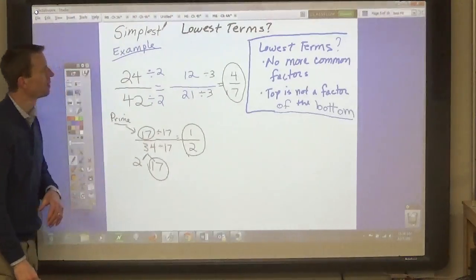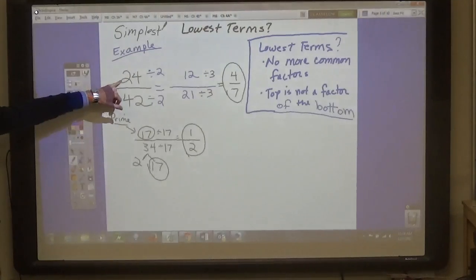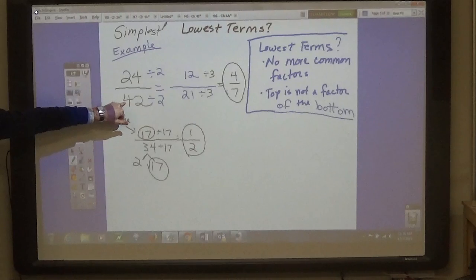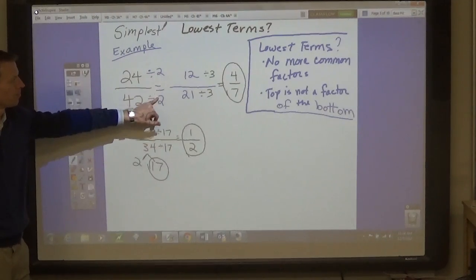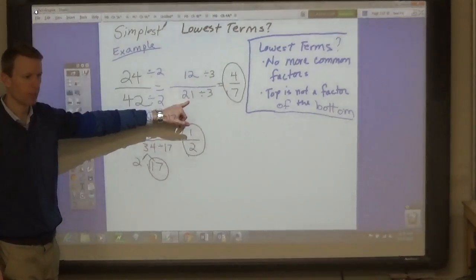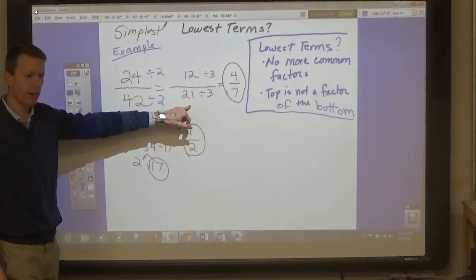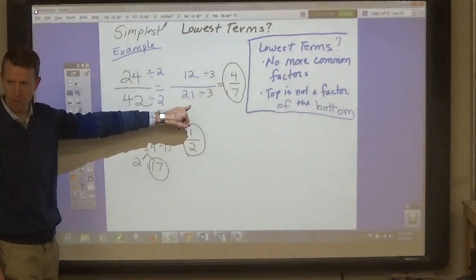Yep. Simplest form. And so, if you started with a fraction like 24 out of 42, you can find simplest form by dividing it by the same number, and then check and see if that's simplest form. And then see, no, this 12 over 21 can also be divided by the same number.